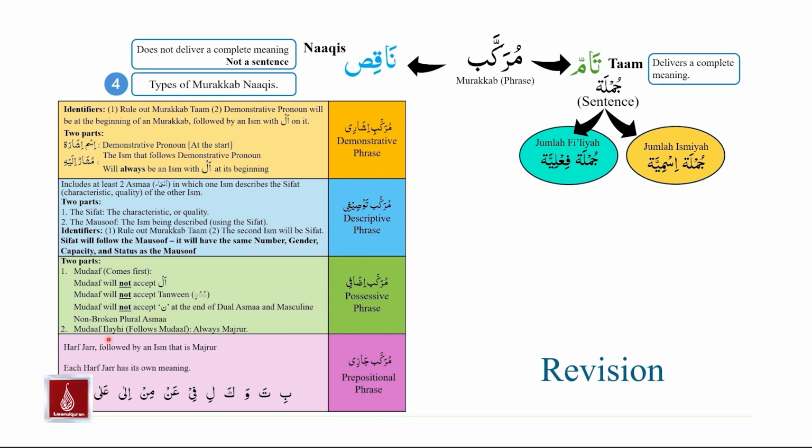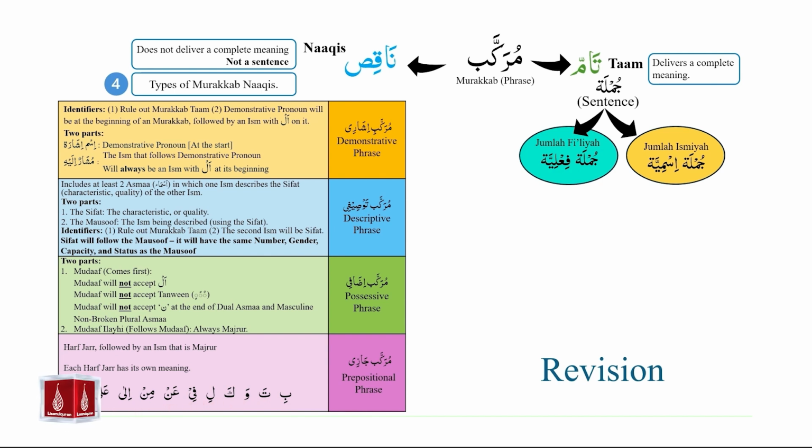Mudaf ilayh has only one rule to follow, and that is that it will always be majroor. Finally, we have murakkab jari or prepositional phrase. Murakkab jari includes harf jar that is followed by an ism which is majroor. The ism following harf jar is majroor because of the harf jar. Each harf jar has its own meaning, and we studied the following huruf jara.